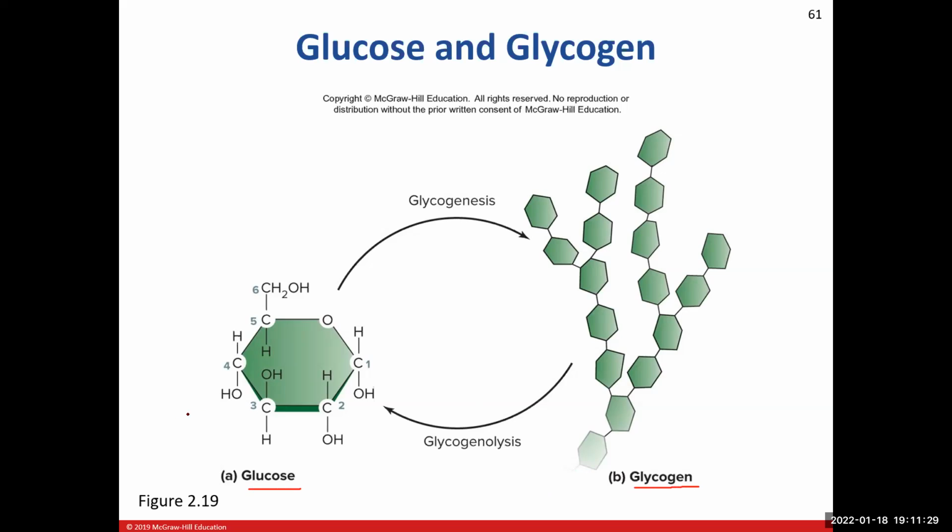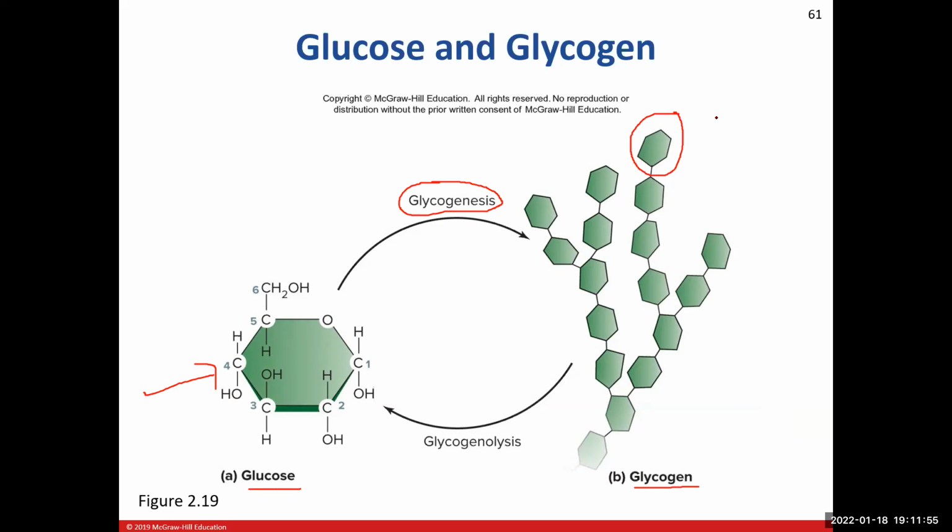So this is a monomer. It's one glucose molecule. And so now, when we want to store that glucose for a rainy day, we're going to undergo the process of glycogenesis. And your skeletal muscles and your liver do this. And basically, they're just taking glucose molecules and making a big long chain.